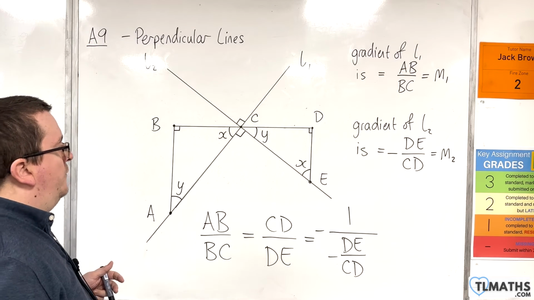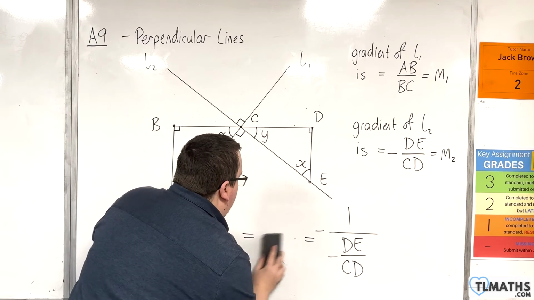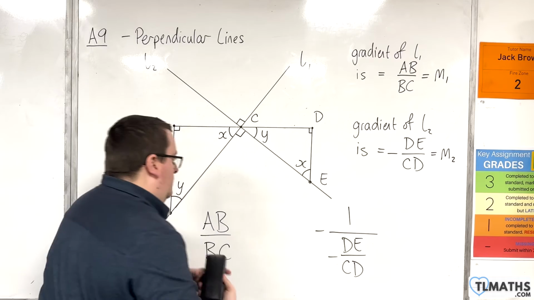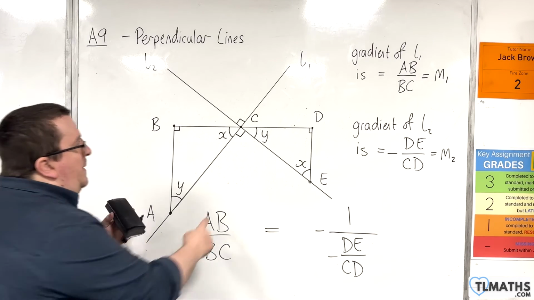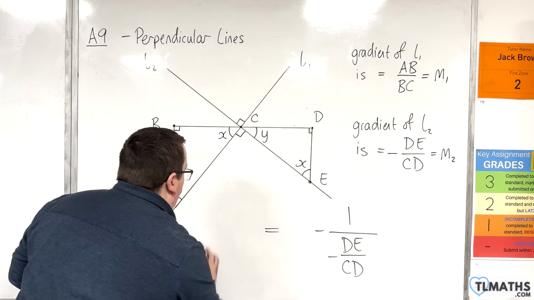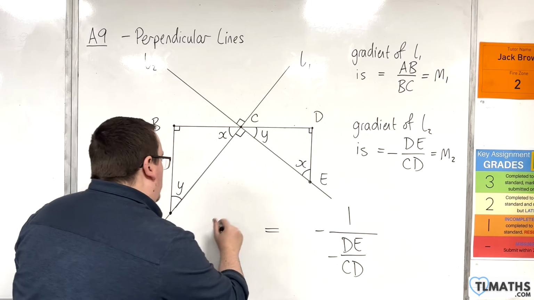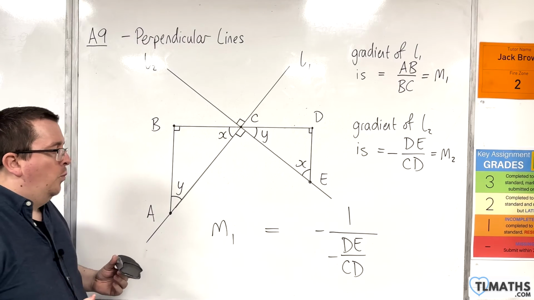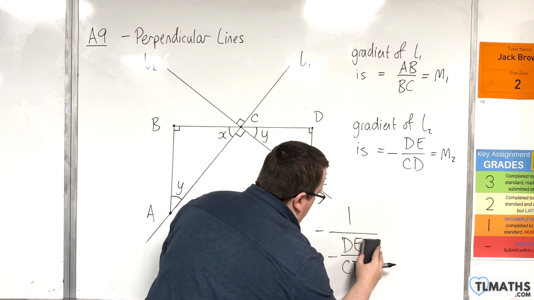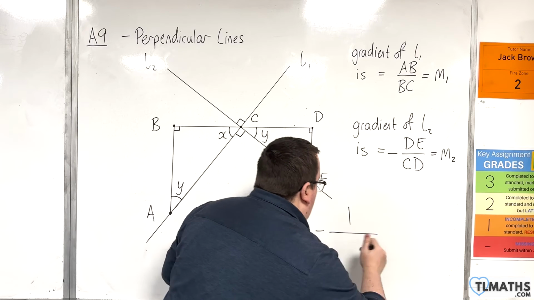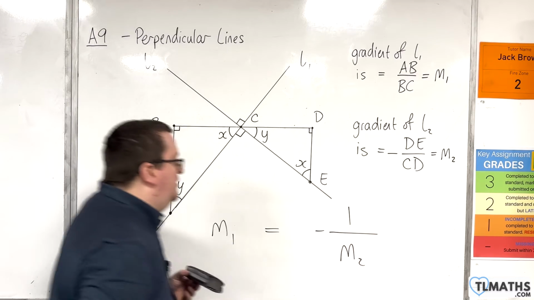So actually what I've got here is, if I get rid of that middle bit now, okay, the AB over BC is the gradient of the first line, L1, and the minus DE over CD is the gradient of line 2.